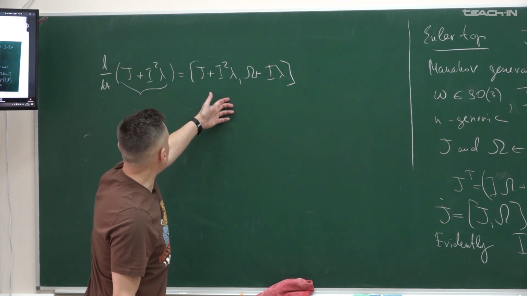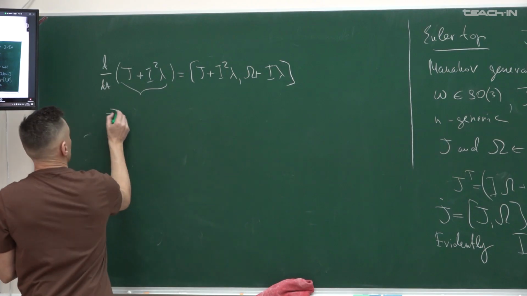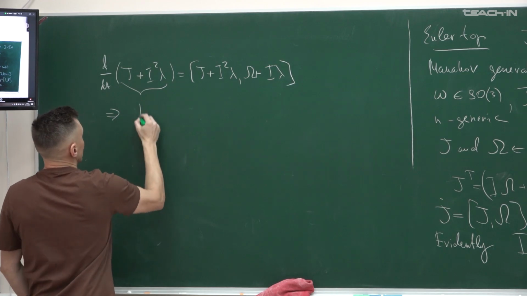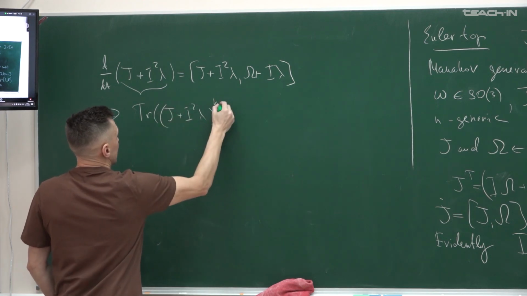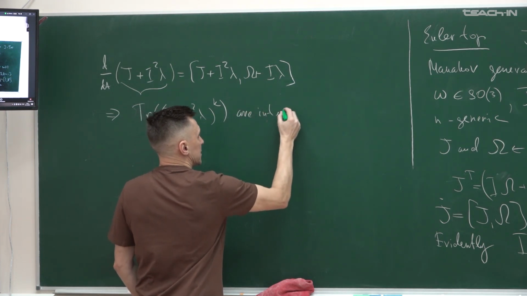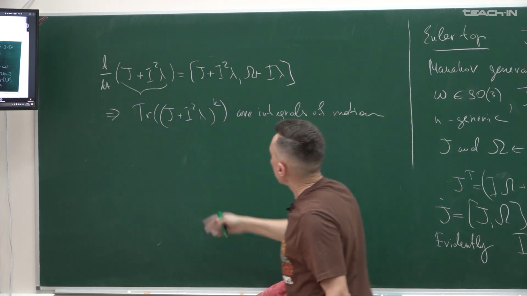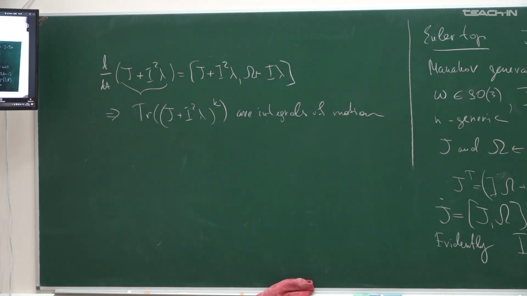And it is also the Lax equation for this Lax operator, but which depends on the parameter. And this will imply that the traces of (J plus I square lambda) to the k are integrals of motion. And these are functions of lambda. So if we expand them in lambda, we will get all the necessary number of integrals in involution.